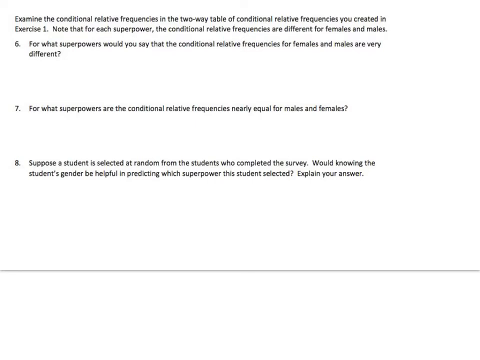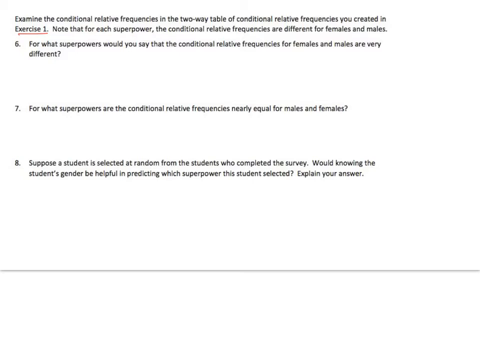Examine the conditional relative frequencies in the 2A table of conditional relative frequencies you created in exercise 1. Note that for each superpower, the conditional relative frequencies are different for females and males. For what superpowers would you say that the conditional relative frequencies for females and males are very different?